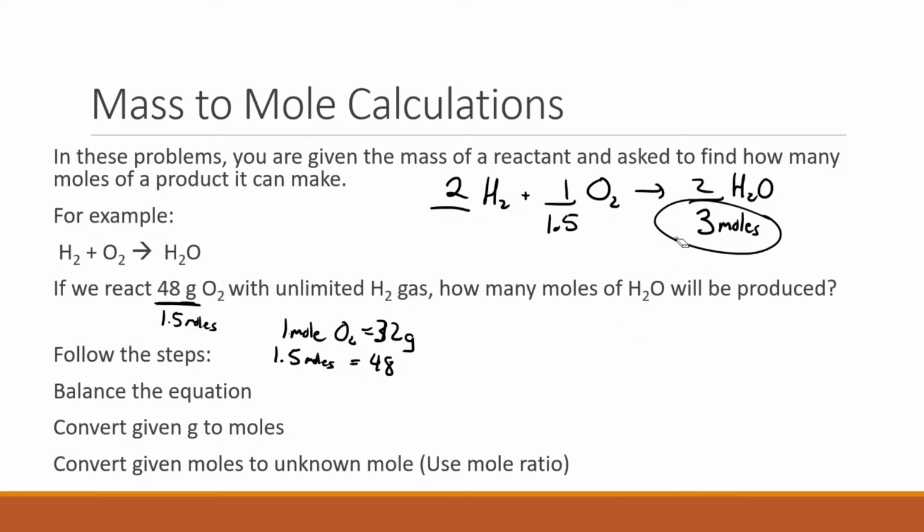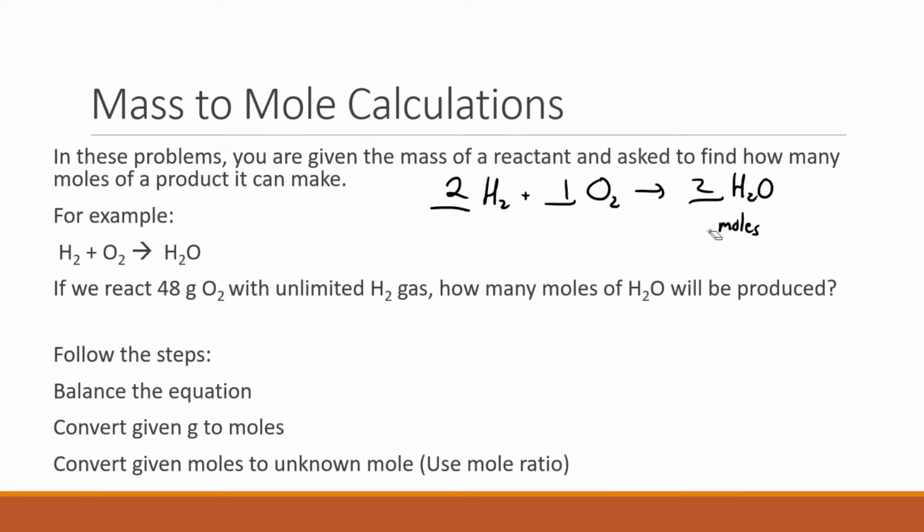It's the same set of steps, just in a different order. We're doing our conversion first from grams to moles so that we can plug numbers in to our mole ratio.